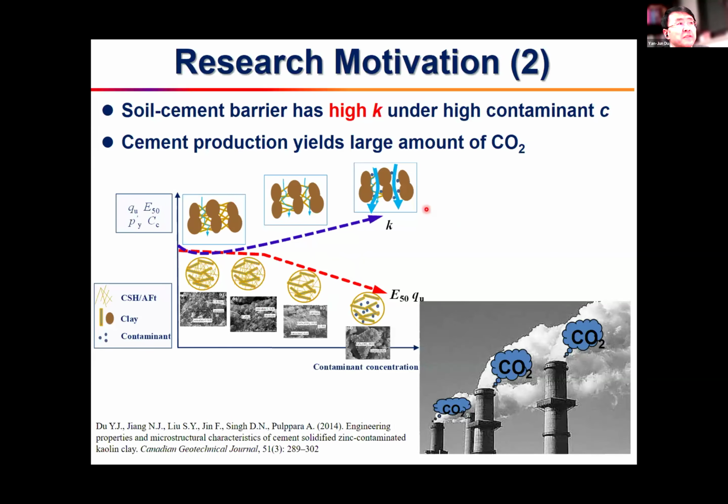On the other hand, the soil cement barrier will have relatively high K under high contaminant concentration, as you can see from this figure.